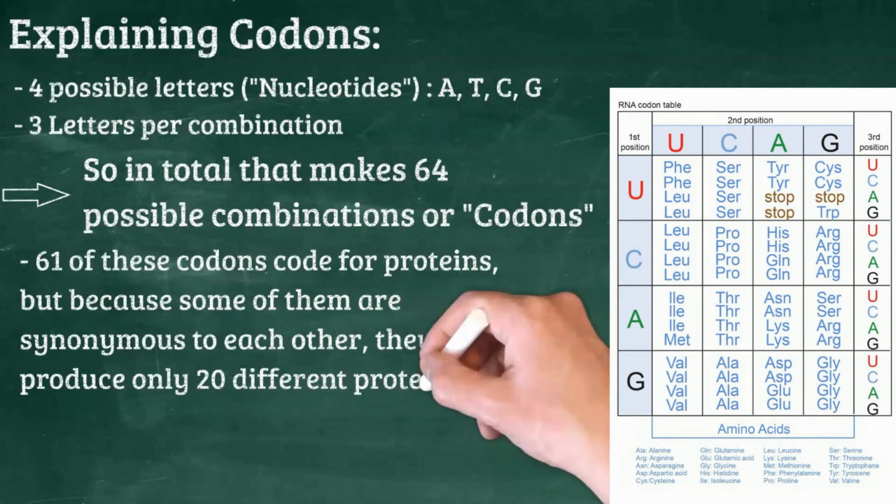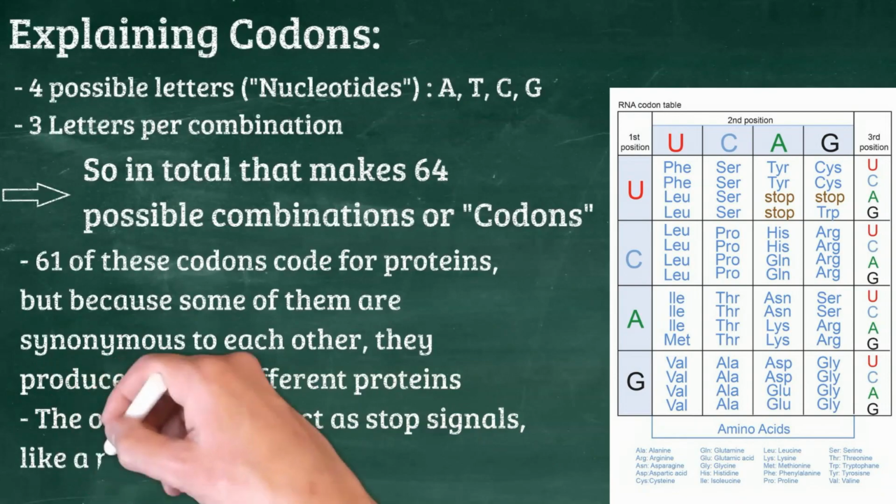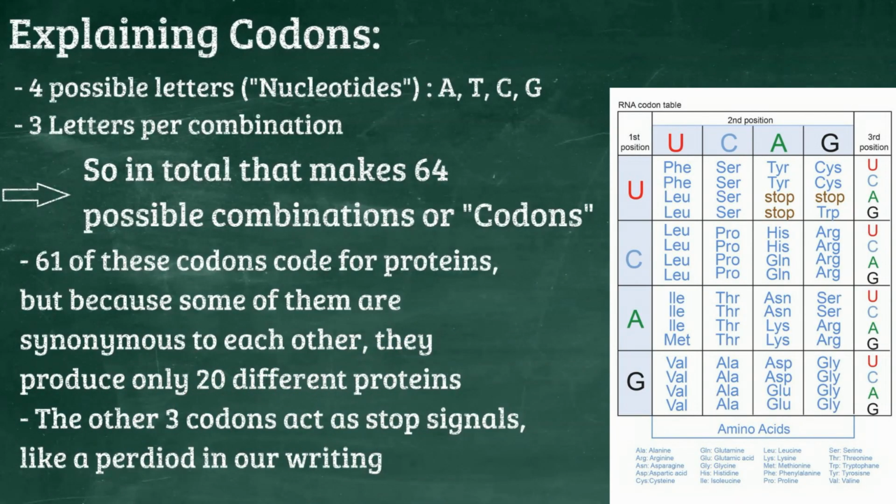The 61 will correspond to 20 codons that code for amino acids. And when you produce amino acids and arrange them in a chain, you form a protein. The 3 other codons code for a stop signal. It's like a full stop at the end of a sentence.